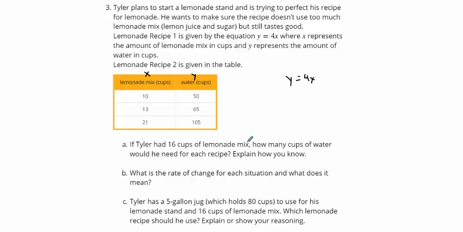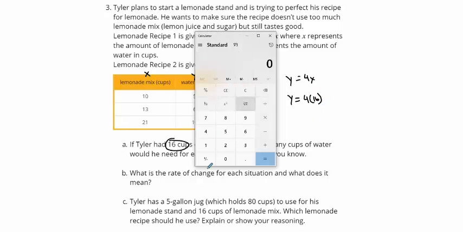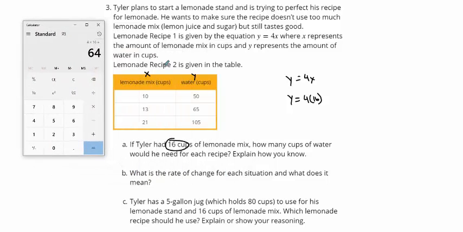Okay, if Tyler had 16 cups of lemonade mix, how many cups of water would he need for each recipe? So lemonade mix is X, right? So we're going to replace the X with 16. So Y is equal to 4 times 16. And get my handy dandy calculator. 4 times 16 is 64.